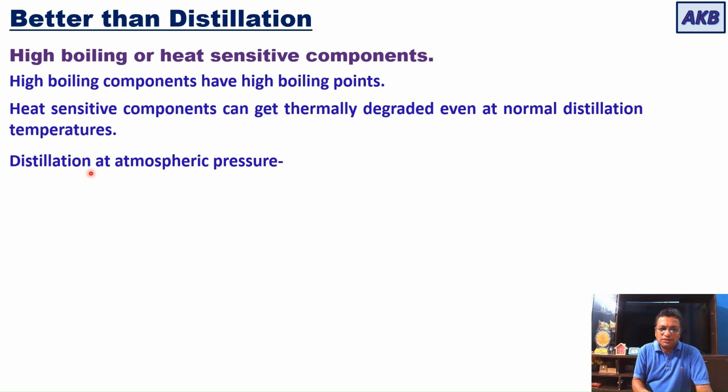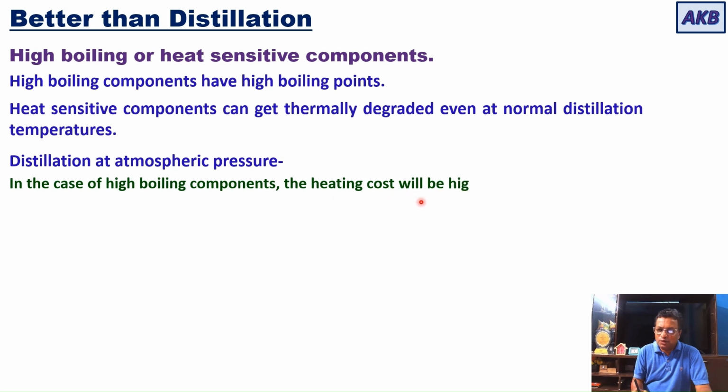So if you use distillation at atmospheric pressure for this task of separation, what is the case? In the case of high boiling points, the heating cost will be high because you need to heat them to a higher temperature, because their boiling point is high.